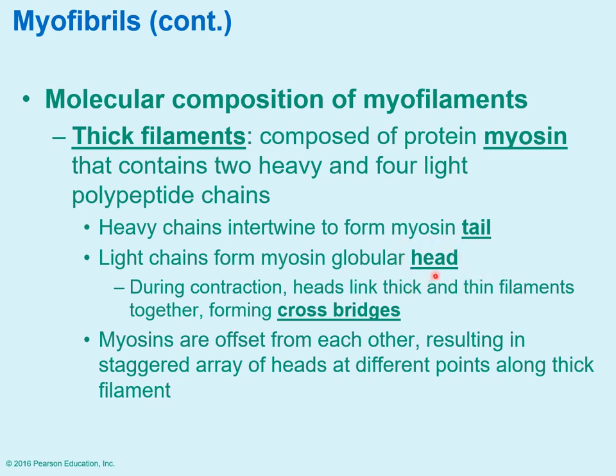And the head can bind to the thin filament. So this is on the myosin, which is the thick filament. That head can bind to a certain site on the thin filament, and when it binds and connects to it, that's what we call a cross bridge. And that is what's going to happen in order to get muscle contraction to occur.